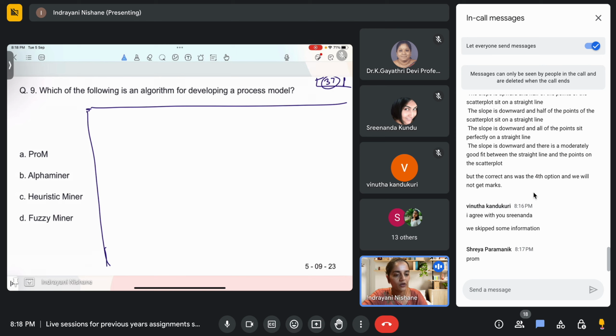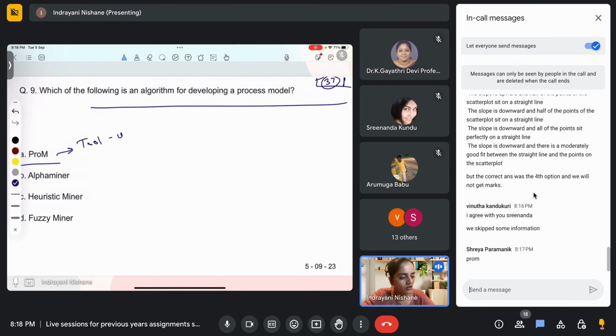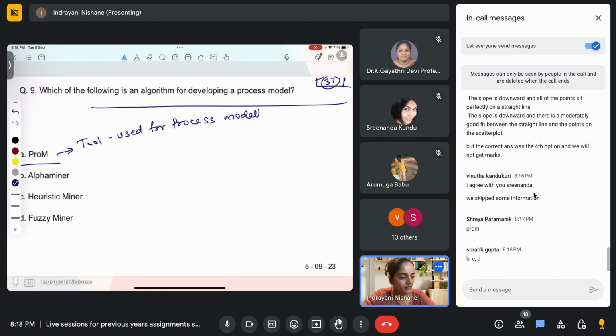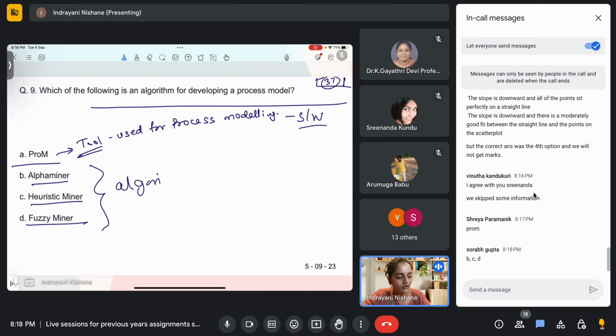Yeah. So as I had told before, ProM is the tool which is used for coming up with the process model. It is not an algorithm. It is a tool, a software which helps us in creating the process models. And alpha miner, heuristic miner, and fuzzy miner are all algorithms.